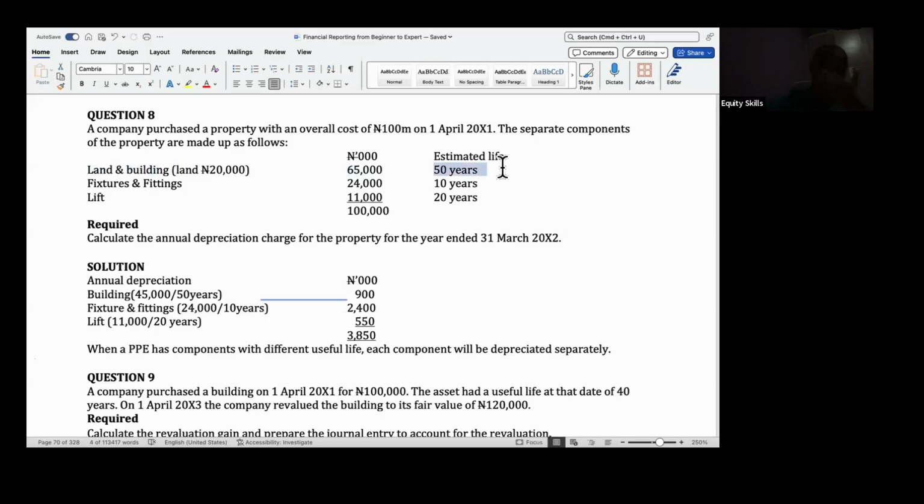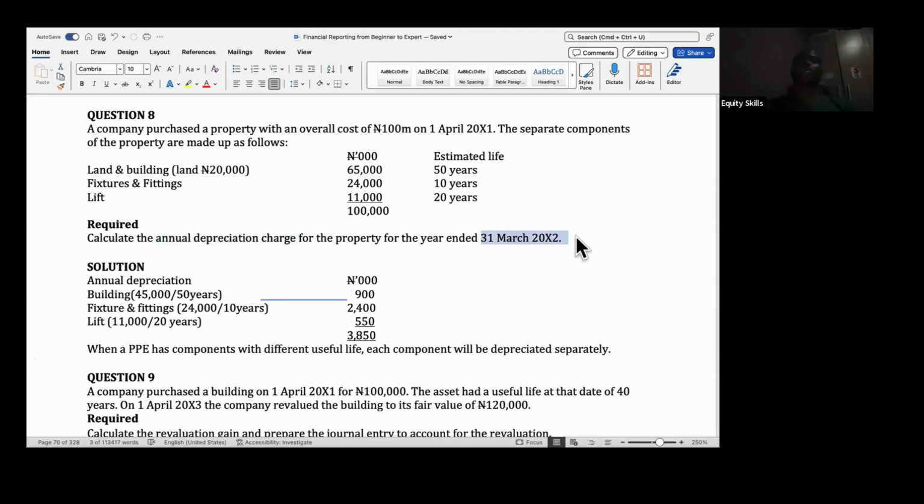Useful life, 50 years. Fixtures and fittings, 24,000. Useful life, 10 years. Lift, 11,000. Useful life, 20 years. Required. Calculate the annual depreciation charge for the property for the year ended 31st March 2002.